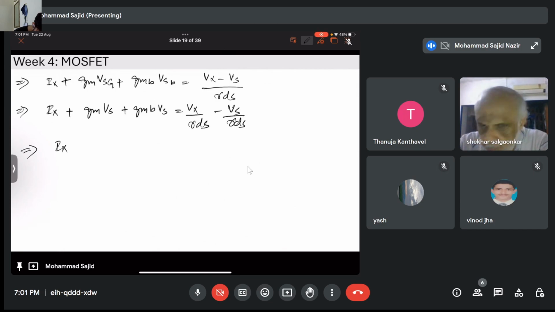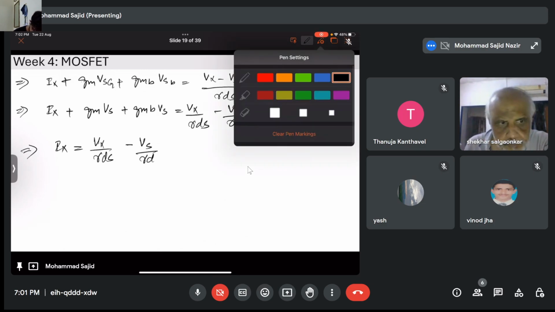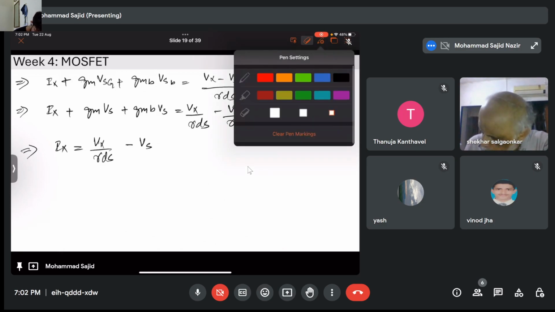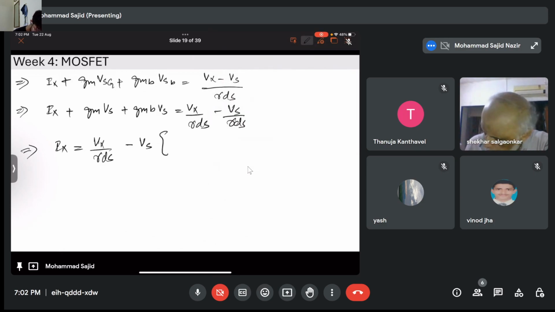Just note it as Ix is equal to Vx by Rds minus Vs by Rds. Sorry, Rds is wrong. So this will be Vs times (1 by Rds minus Gm minus GmB).